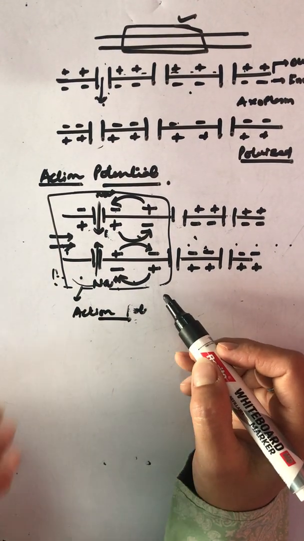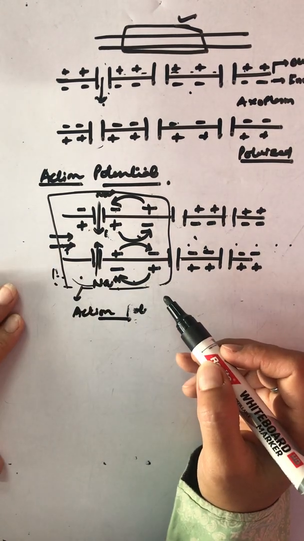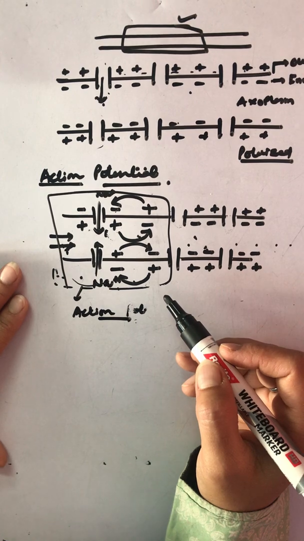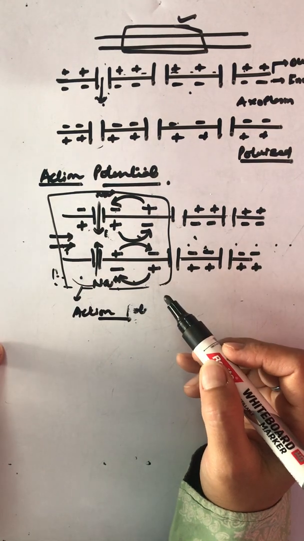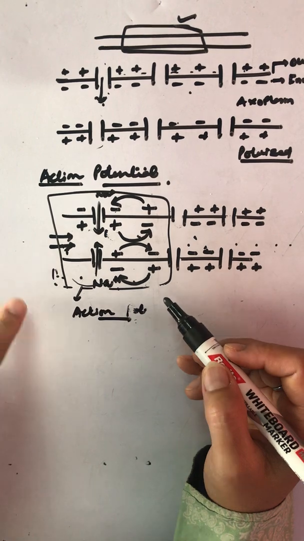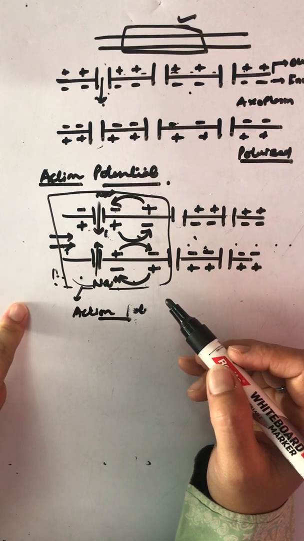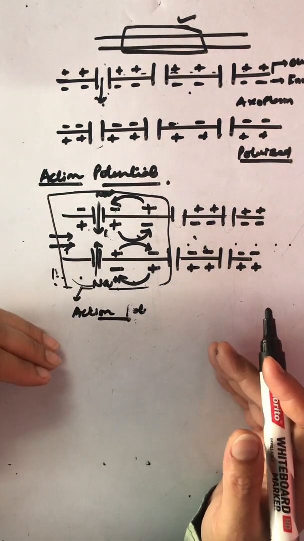Why? Because it doesn't happen that we generate one and the same impulse throughout our lifetime. We are looking at something, that is also generation and conduction of an impulse. We are touching an object, that is also generation and conduction of an impulse. We are listening to something, that is also generation and conduction of a nerve impulse. It does not mean that it is permanent and fixed from polarized to depolarized.